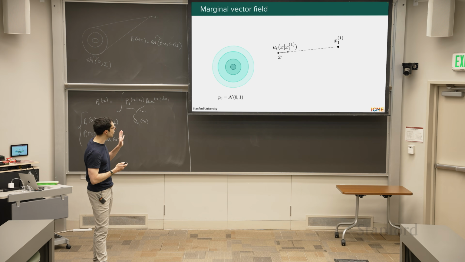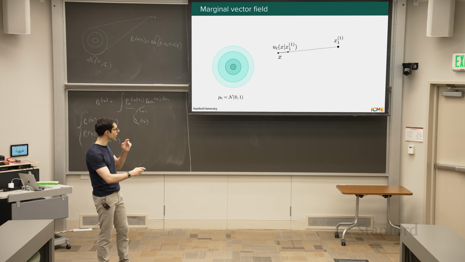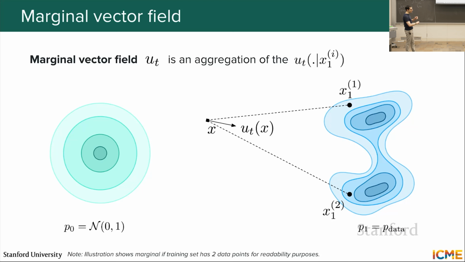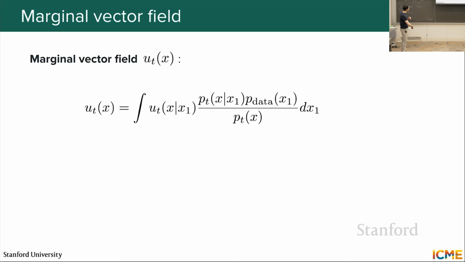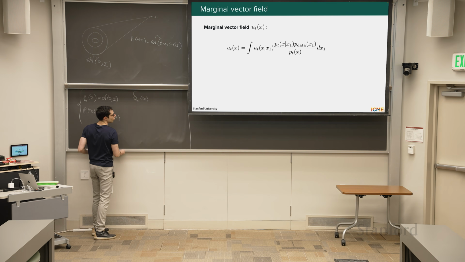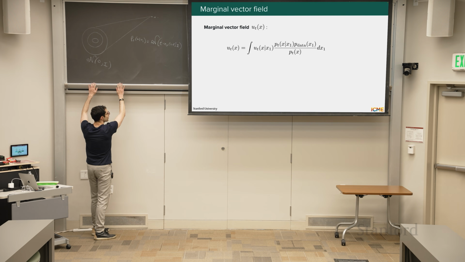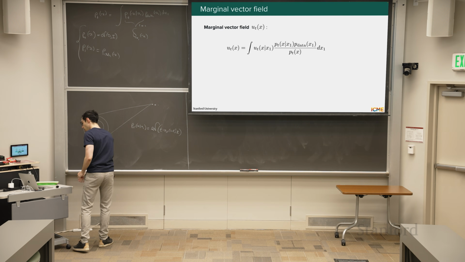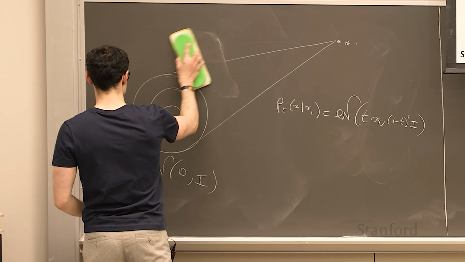Here we consider the conditional vector field for each data point, so this one and this one. And what we want is to also have a marginal vector field, something that is able to generate the marginal probability path. And what I'm going to tell you is that the way we want to aggregate the vector field is actually going to be quite intuitive. So I'm going to just write it down.